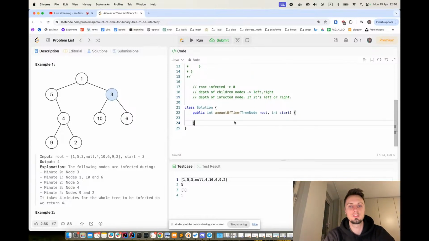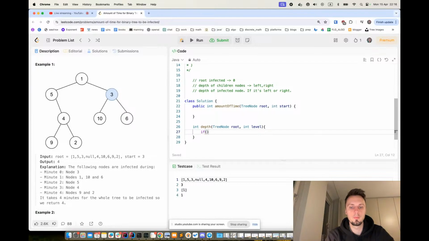So let's first try to write our DFS. We have our tree node, depths, let's call it depths, and level.